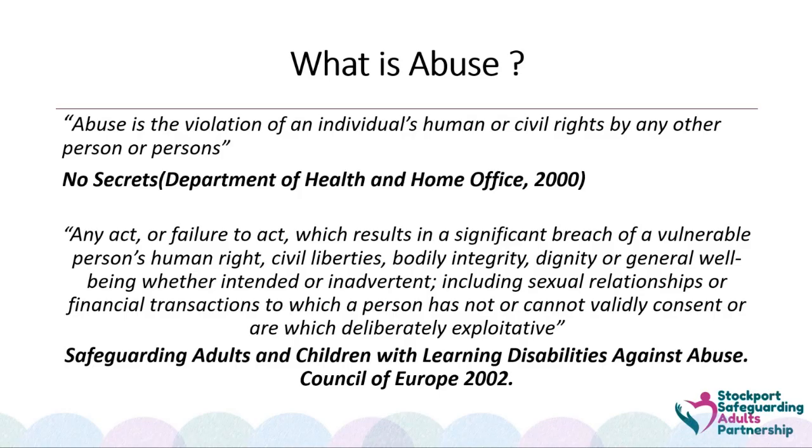Another quote, from Safeguarding Adults and Children with Learning Disabilities Against Abuse, Council of Europe 2002: abuse is any act or failure to act which results in a significant breach of a vulnerable person's human rights, civil liberties, bodily integrity, dignity or general well-being, whether intended or inadvertent, including sexual relationships or financial transactions to which a person may not or cannot validly consent or which are deliberately exploitative. So that just brings together what abuse is.